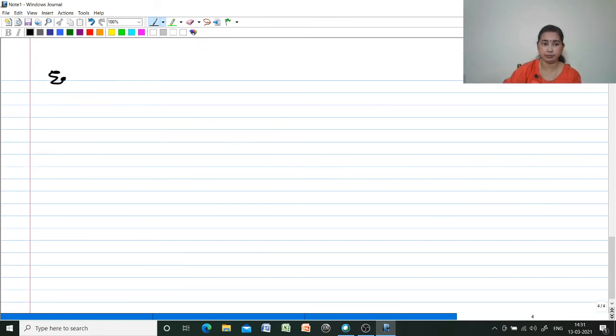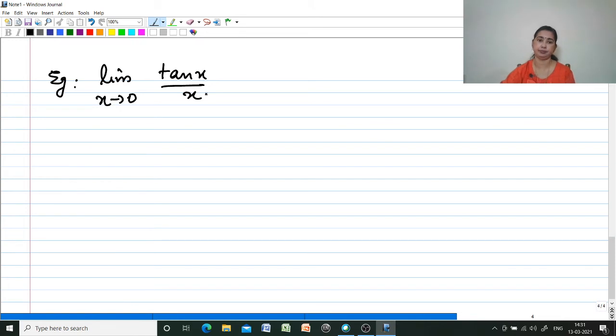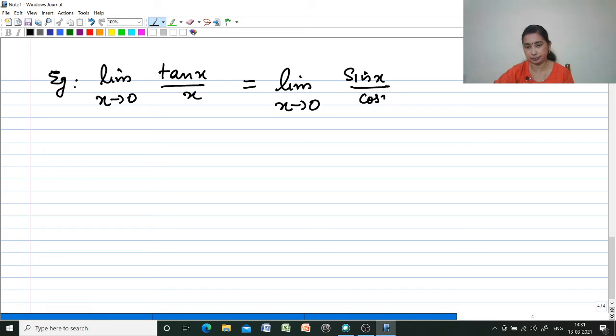Another example, limit x tends to 0 tan x by x, and that can be written as limit x tends to 0 tan x, which is sin x divided by cos x, by x.